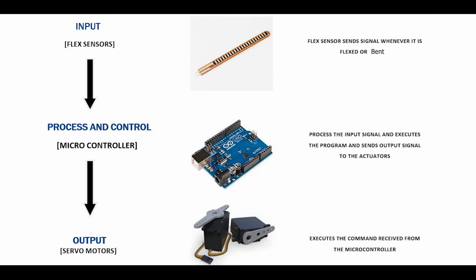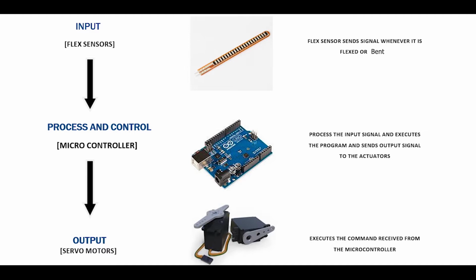Now you can visualize a flowchart of how animatronic hand works. Here the sensor, that is flex sensor, acts as an input device that gives a necessary input based on the way you flex or bend your fingers.